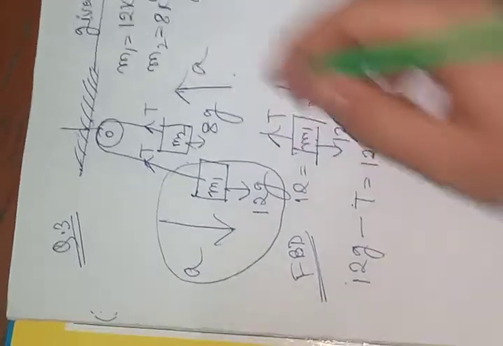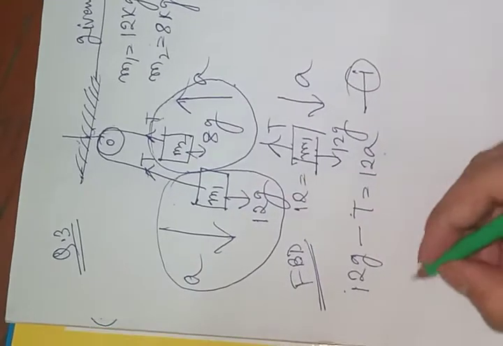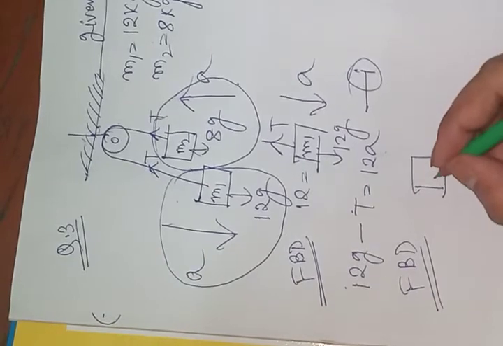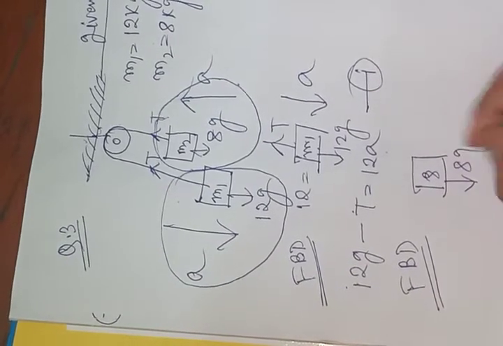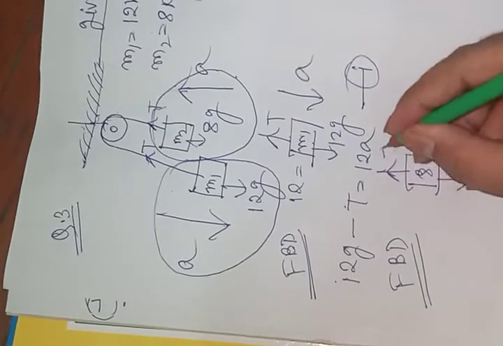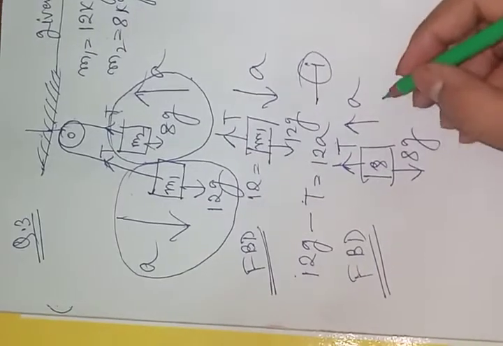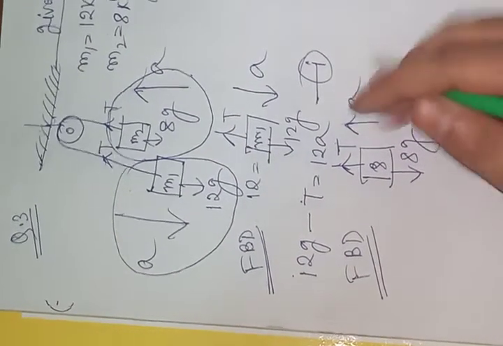And for the second equation, let us take the FBD for m2, with a value of 8. Downwards is 8g, upward is tension T, and it is going upwards with acceleration a. Tension will be greater because the net acceleration is upwards.